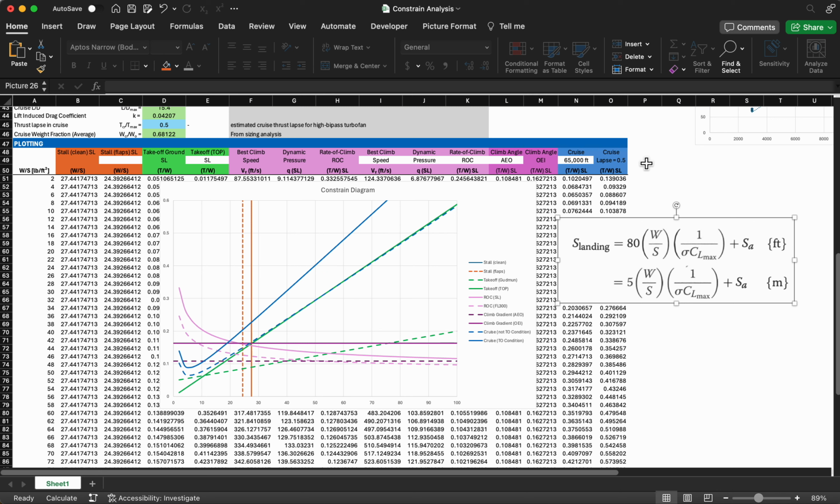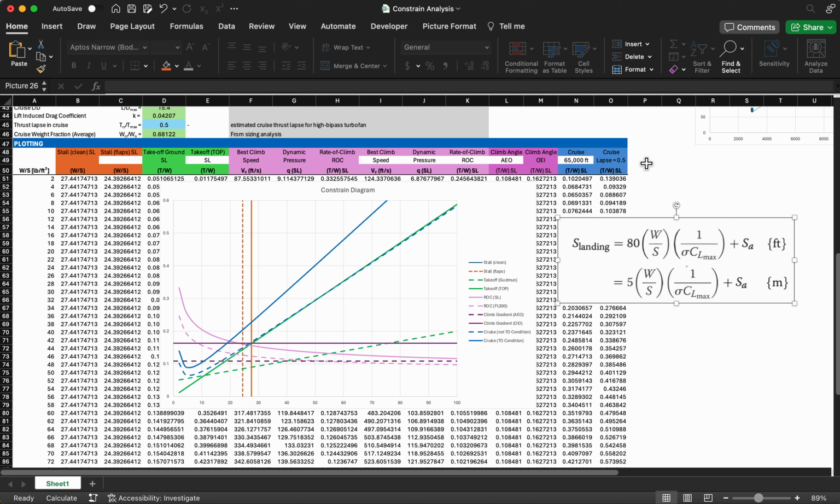landing distance. Now notice this is not a function of thrust to weight ratio. This is because typically in landing, aircraft are coming in near idle. So there's no dependency on your thrust to weight ratio if you're not producing any thrust during this segment of flight.